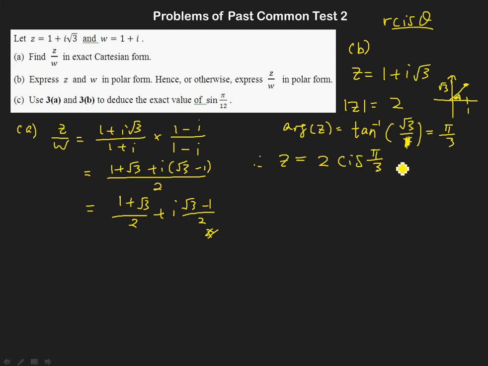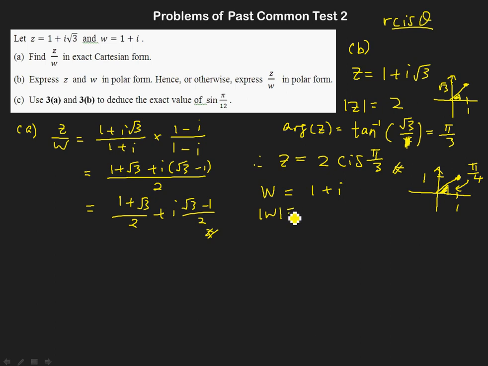And now for W is 1 plus i, and again, if we sketch this, somewhere here, 1 plus i, and this is it. If you think about it, this angle is actually pi over 4, right? Because this point is (1, 1), and we can show that.